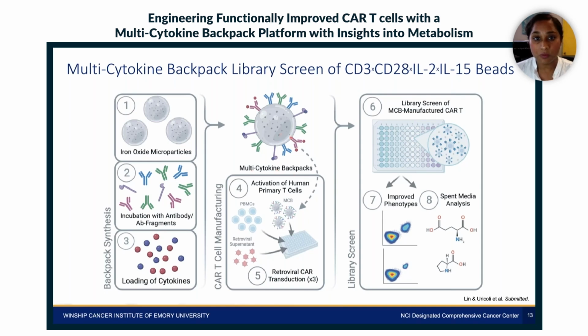Our workflow was such that after creating this library, we did a 96-well format manufacturing process in which we produced CAR T cells and then studied them through high-dimensional, high-throughput flow cytometry and spent media analysis to identify multi-cytokine backpack formulations that would produce CAR T cells with superior phenotypes.